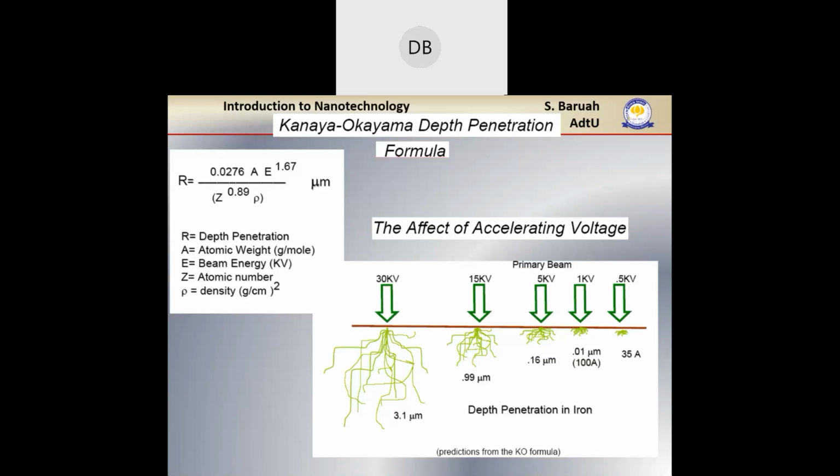I'm giving different arrows because I'm increasing the voltage, that means the electric field. An electron column with an electric field of 30 kilovolts will give the electrons more energy compared to 1 kilovolt or 0.5 kilovolt. You understand, right? Because the stronger the electric field, the more quickly the electron is pulled.